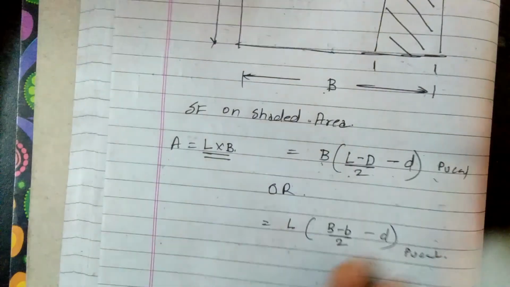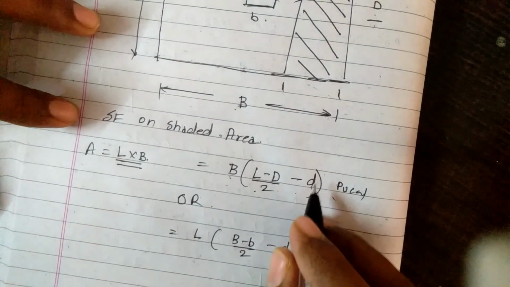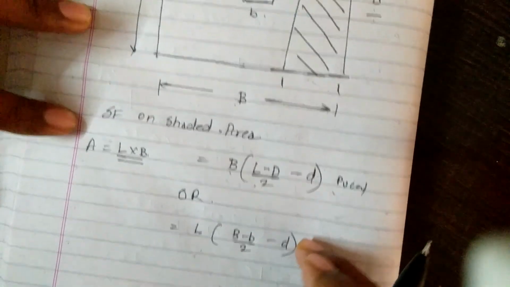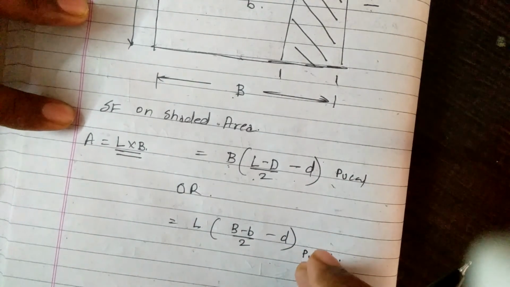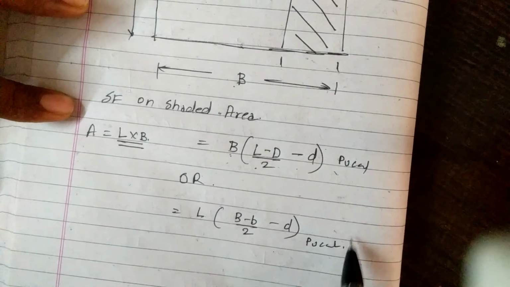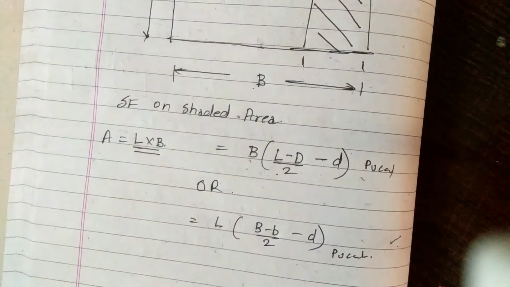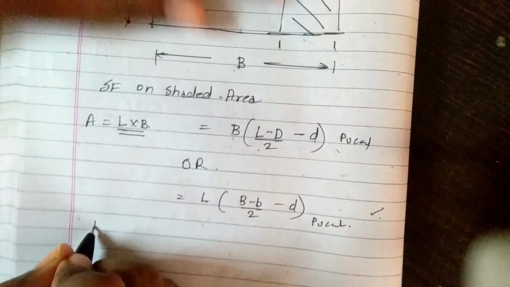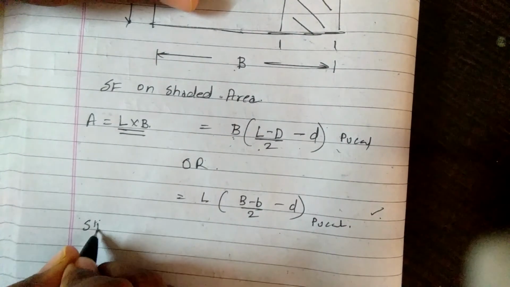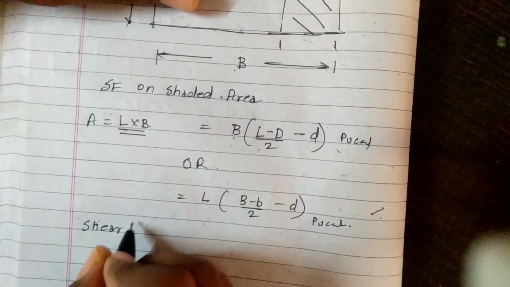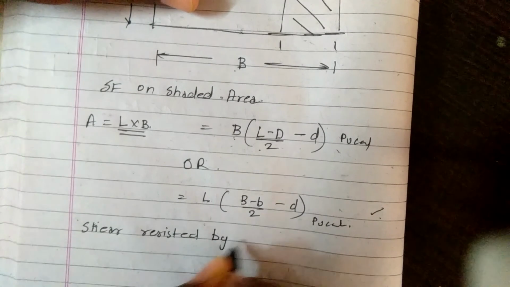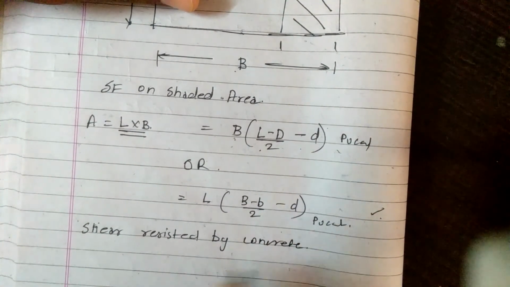Upward soil pressure, and we have to choose the greater of both of these in the case of a rectangular footing. Okay, while differentiating, if this value is greater, then we will select this one. Okay, after that we are going to find the shear resisted by concrete.